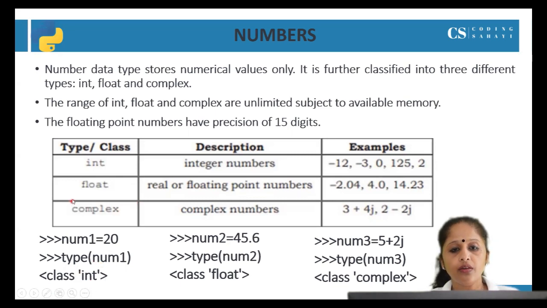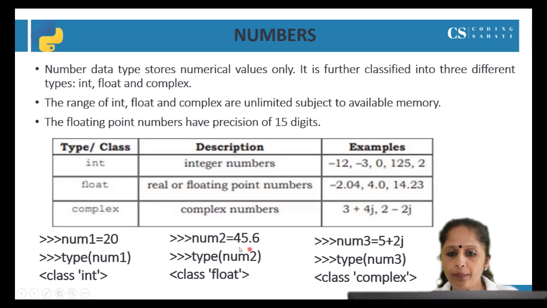So next we have float. Float means real or floating point numbers. That is, here we have decimal values. You can see here -2.04 or 14.23. So we have some examples like that here. Num2 equal to 45.6.